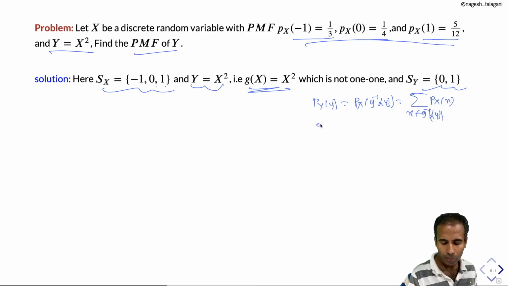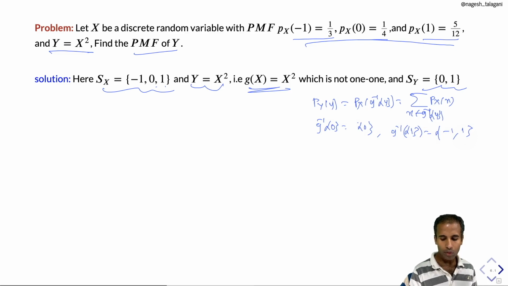Now here y can take the values 0 and 1, so g inverse singleton 0 is going to be only 0, and g inverse singleton 1 is going to be, here both 1 and minus 1 can map to 1, because 1 square is 1, minus 1 square is also 1. So now let us find the PMF values of y for 0 and 1.